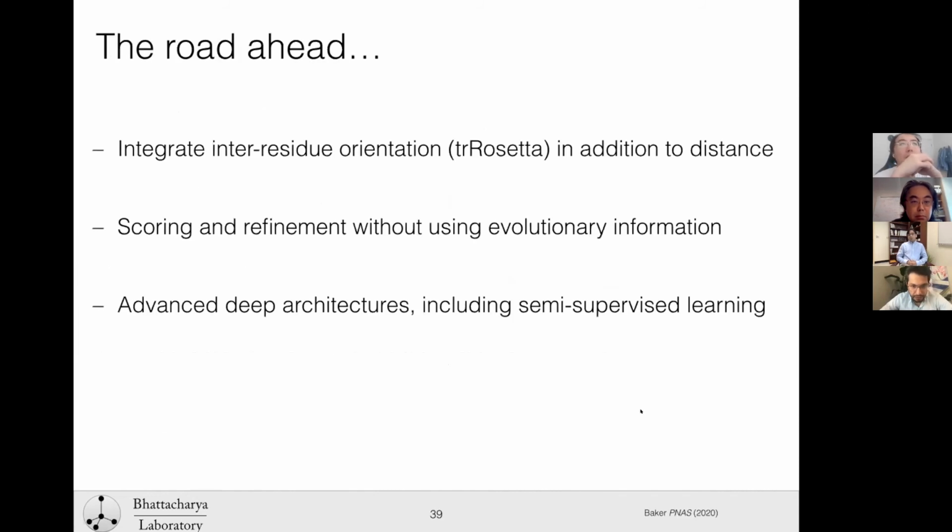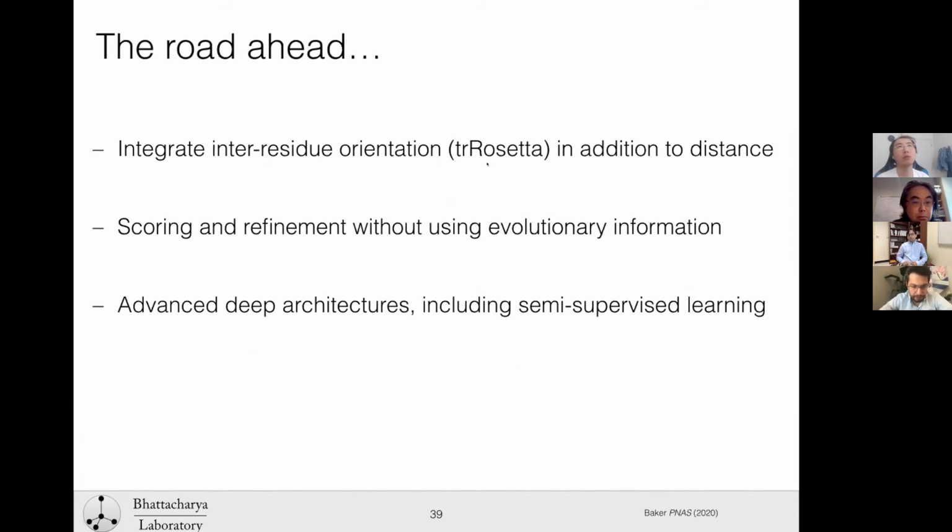I'd like to speculate about the road ahead and briefly discuss some of the directions we have been trying recently. So we have been trying scoring and refinement using deep learning, and more importantly, we have been integrating distance information.